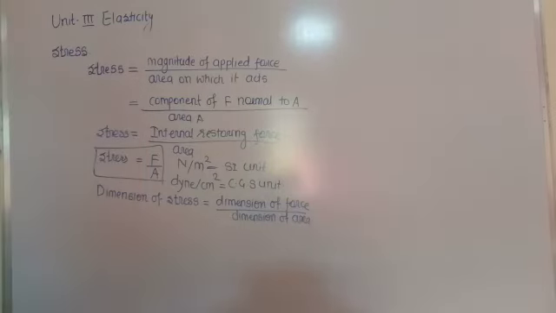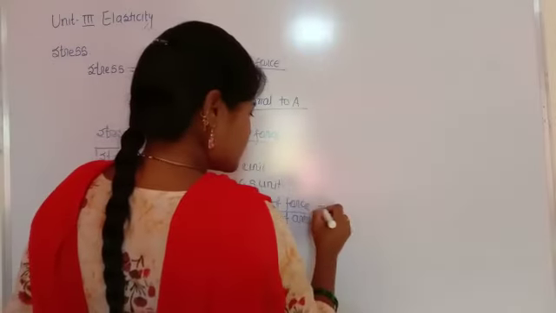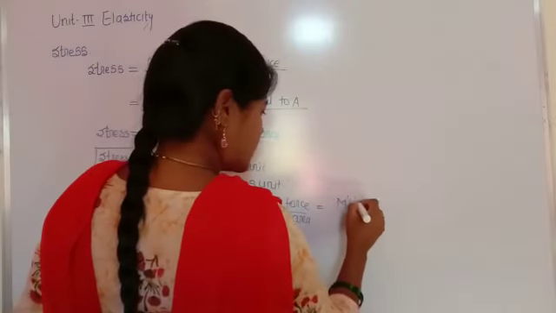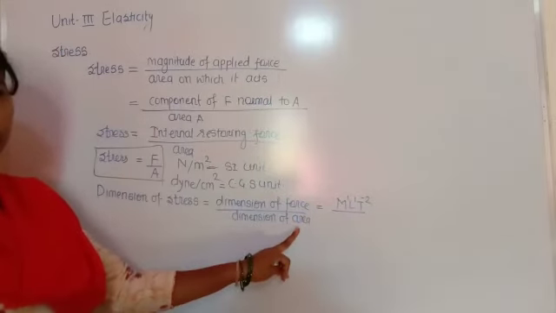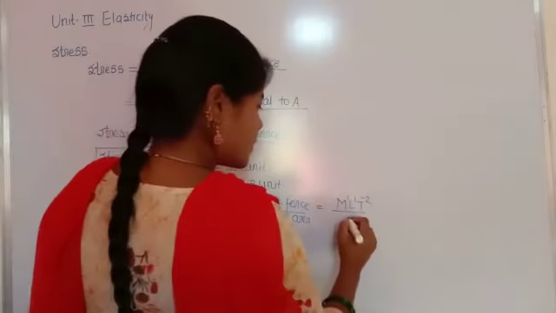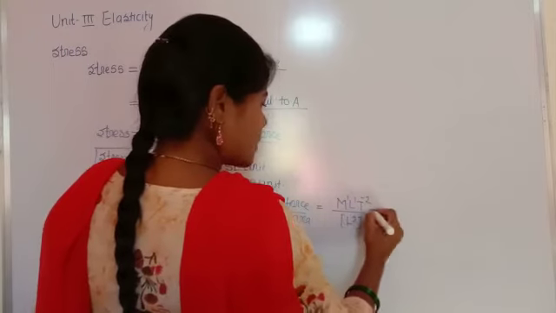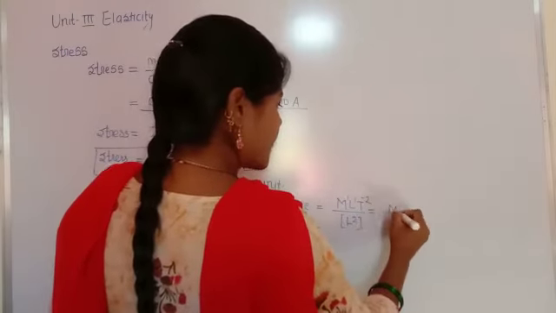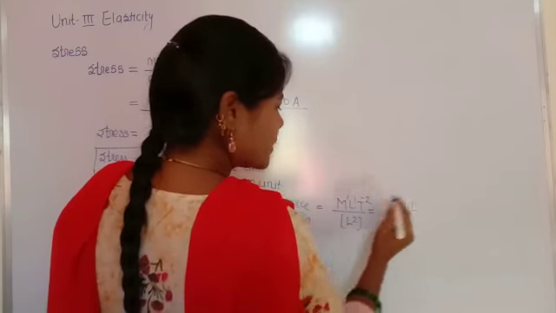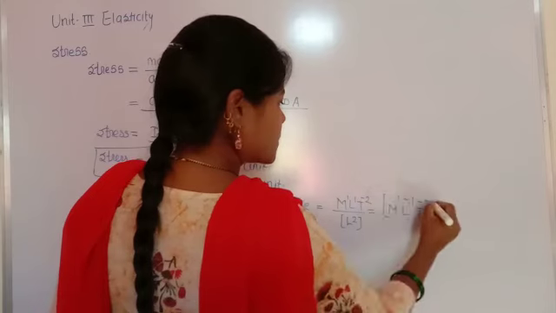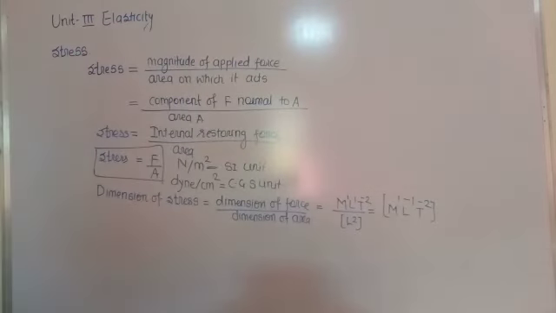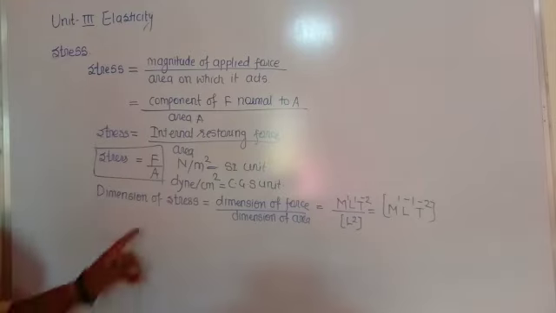As we already know, the dimension of force is M1 L1 T minus 2, and the dimension of area means length square, that is L2. After dividing, we get M1, L to the power 1 minus 2, that is minus 1, and T minus 2. So the dimension of stress is M1 L minus 1 T minus 2.